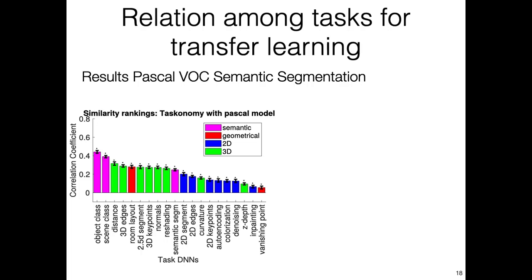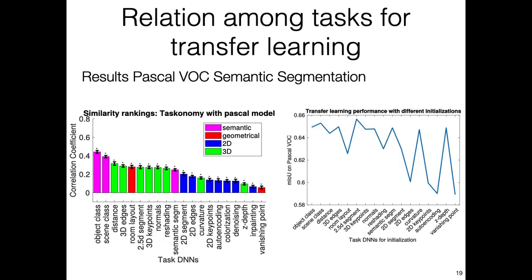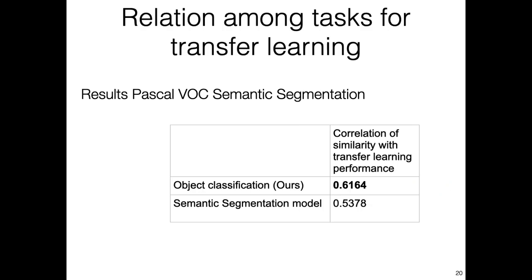And here what you see is that when you do fine-tuning to the new task, taking each of the models, you have the same tendency as the ranking with the RSA. More quantitatively, when you take object classification, which was the one selected by our framework, it does give a higher accuracy when you do transfer learning from this than from semantic segmentation.